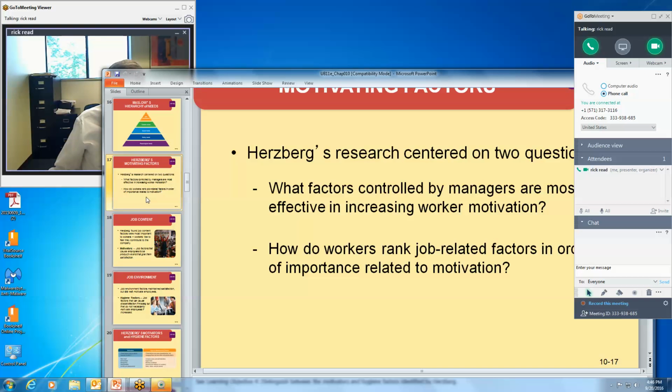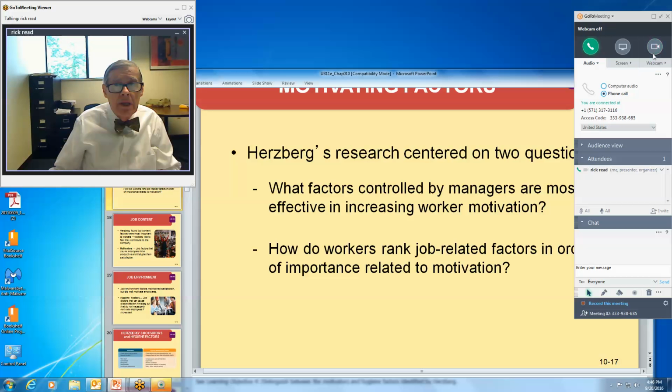So after we have that, we have Herzberg's dual factor theory on motivating factors. And Herzberg and his colleagues centered on two questions which are mentioned here on the slide.